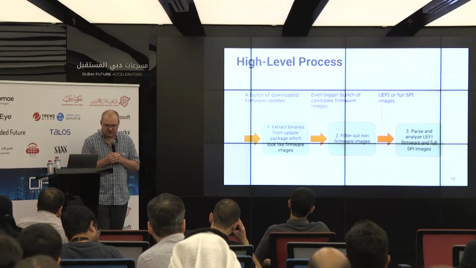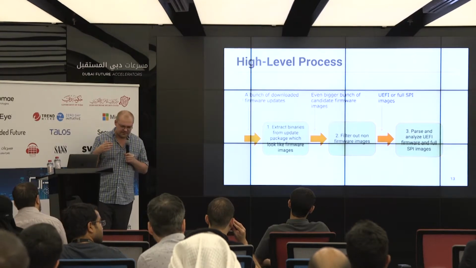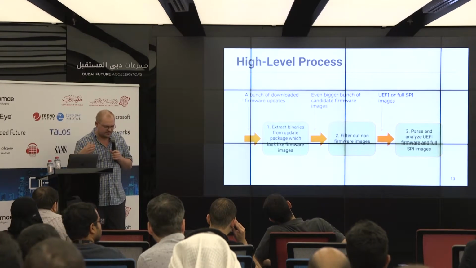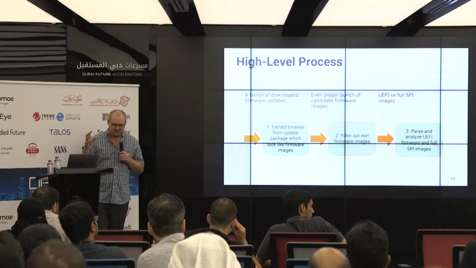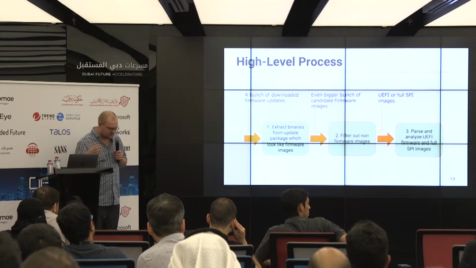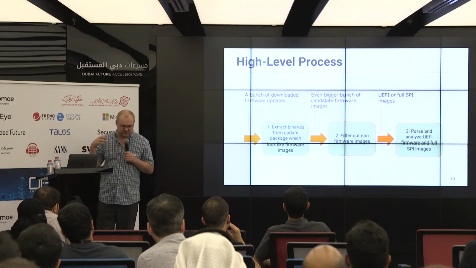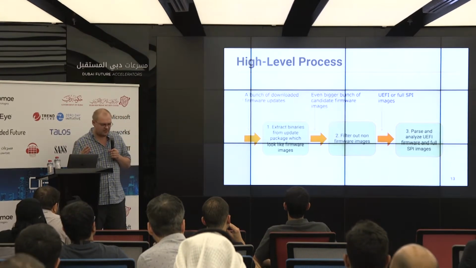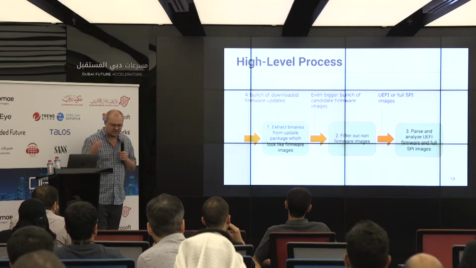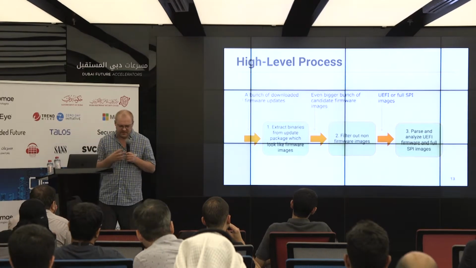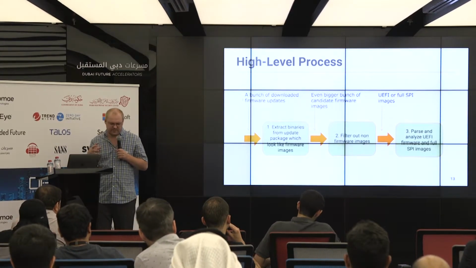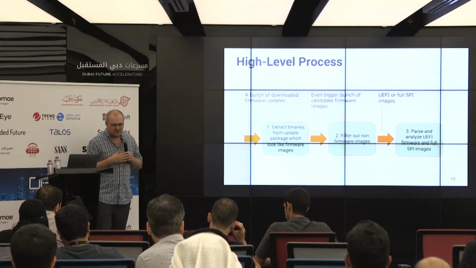Okay, so we built a sort of pipeline to get good candidates to run our algorithm. When we downloaded all of the firmware updates, we figured out that they all have different formats. They package it differently, and so on.